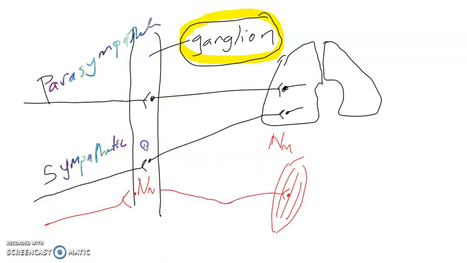So that's the issue with targeting the ganglion. So we're not going to see a very nice effect.